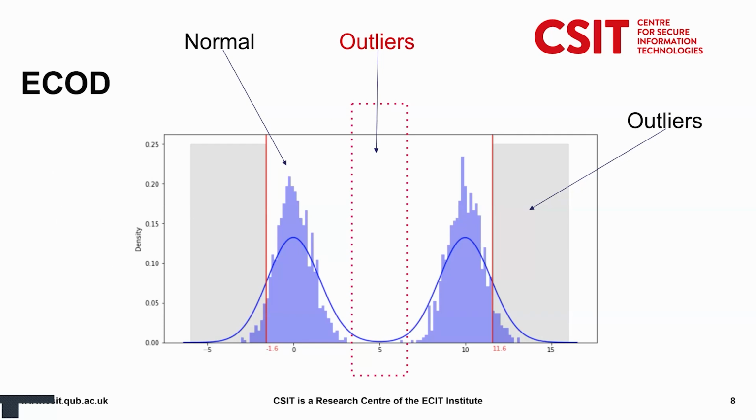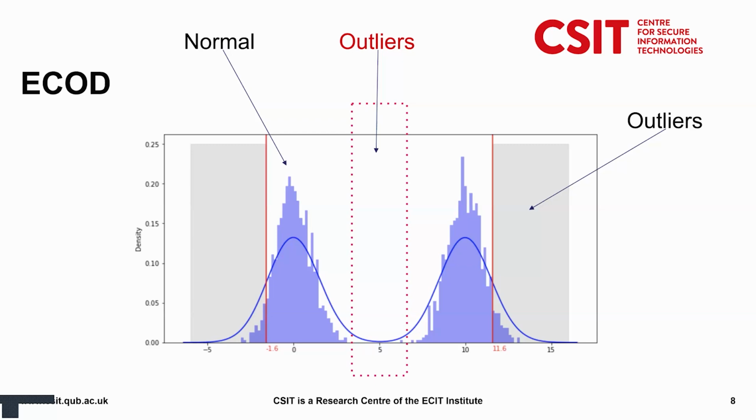As you can see here, there's a problem. When we assume the data set is a unimodal distribution, the model performs very well. However, when we have a multimodal distribution, the problem comes. ECOD can only identify the outliers lying at the tails, as the green area shows here.